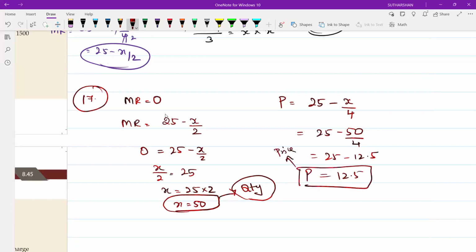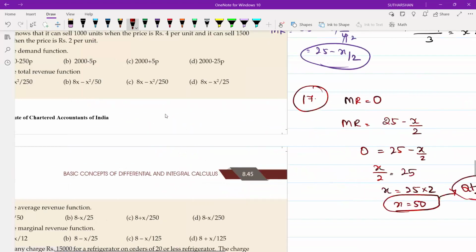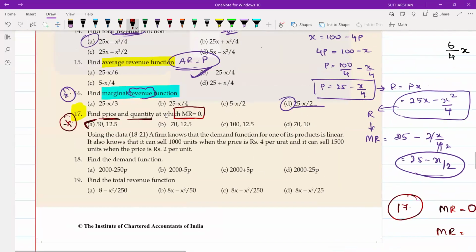Here, there is a mistake in the question. They have given price and quantity, but the options are reversed, with quantity first and then price. In the upcoming edition, they may or may not change it. You need to be very careful in the examination about whether the price and quantity order is still the same.